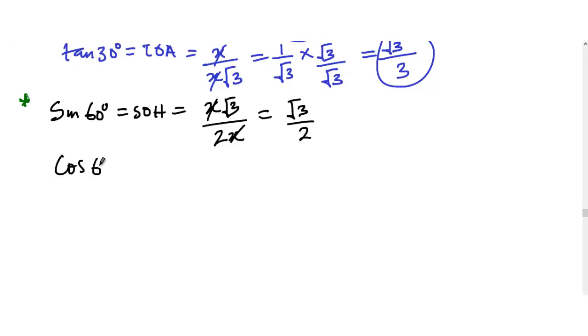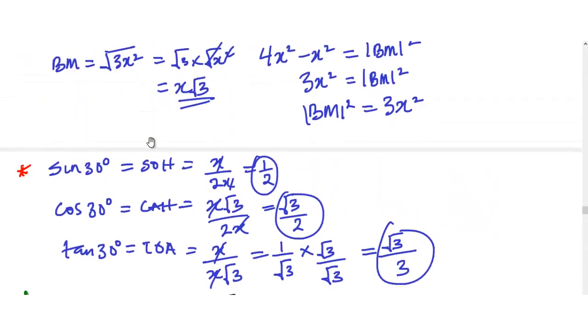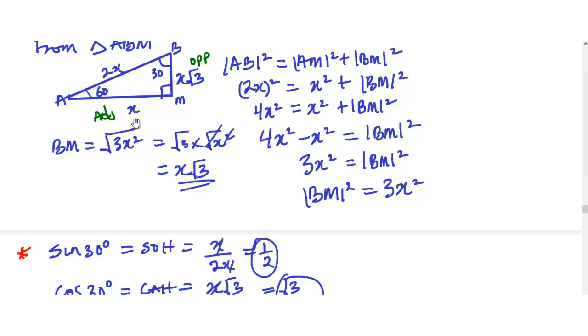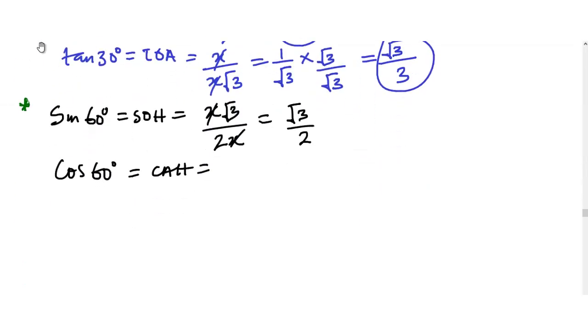Then we also have cos 60 degree, which is CAH, so that will be adjacent over hypotenuse. Adjacent is x over 2x. So x over 2x, this cancels this, and that will give us 1 over 2. Then the next one is tan 60 degree, which is TOA.